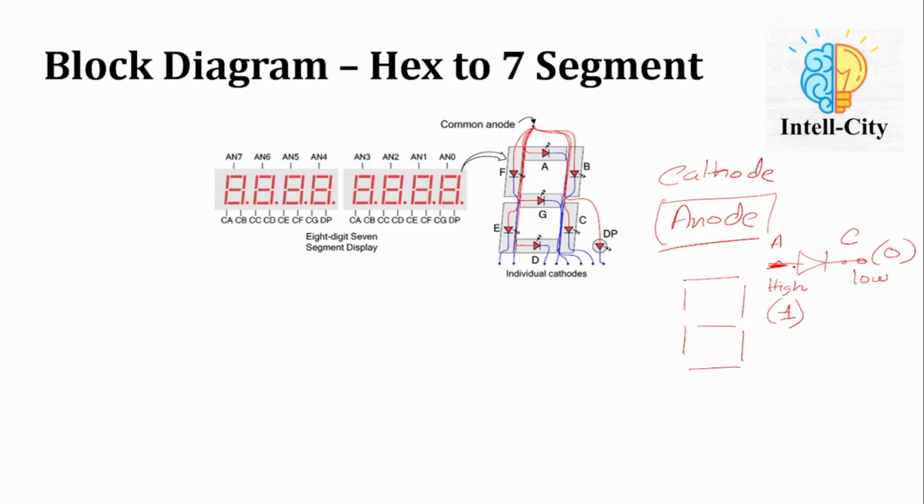So we just simplify the same thing: from the anode side you have to provide 1, and from the cathode side you have to provide 0.